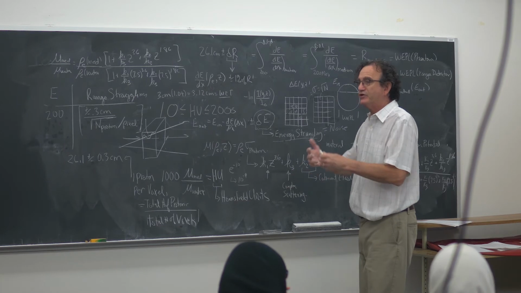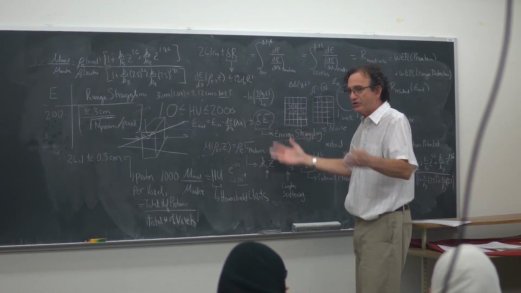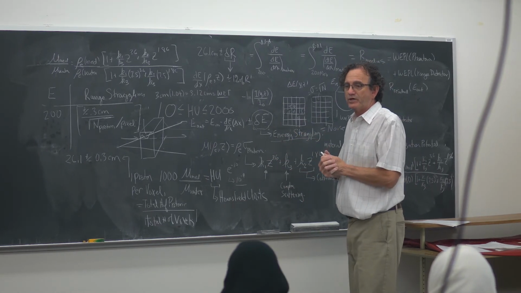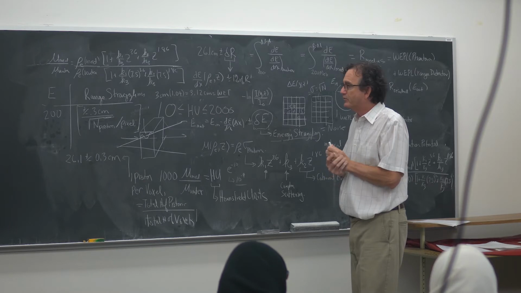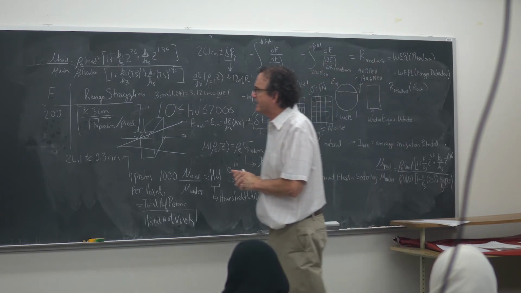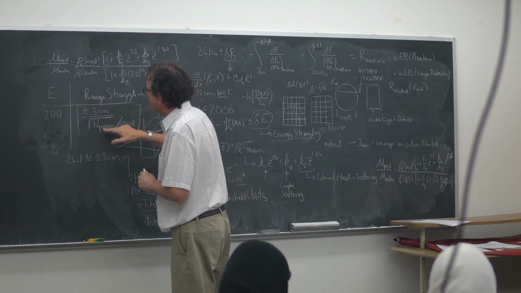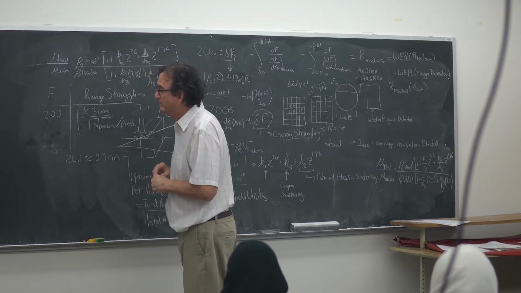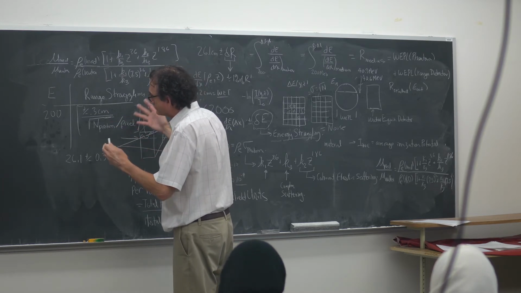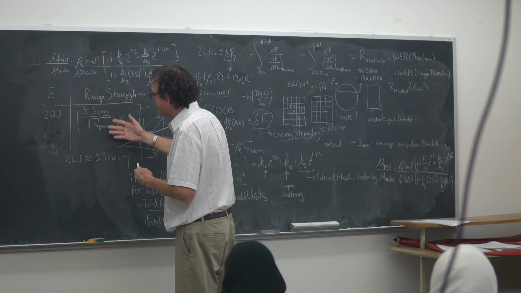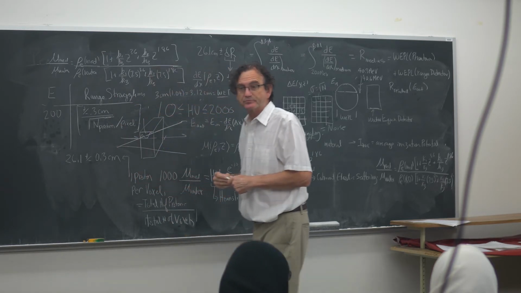We can derive it any way that we want. But the point is that if I want to make this number get smaller, which I can do, then I just have to give it more dose.